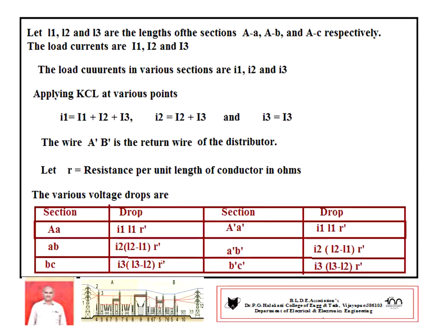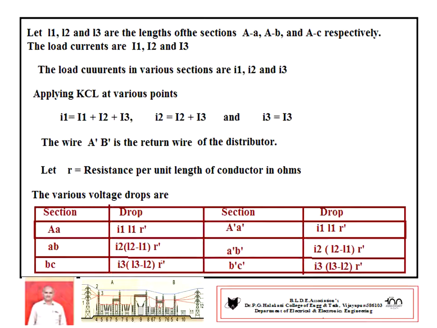Once again, let L1, L2, L3 be the lengths of sections AA, AB and AC respectively. The load currents in the various sections are small i1, small i2 and small i3.